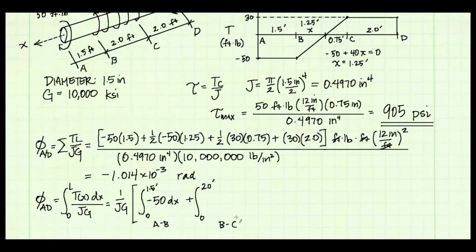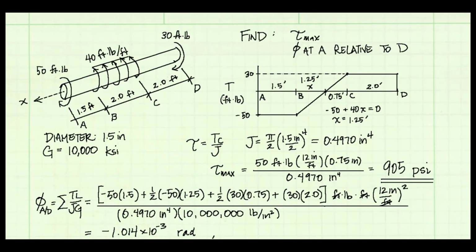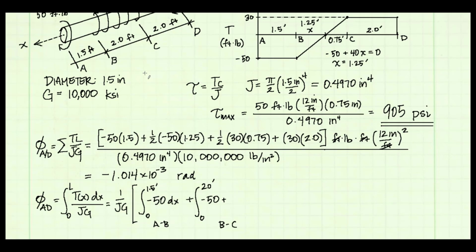B to C is a little bit more complicated. It's a linear function. It's going to start at negative 50, and then there's a slope on that function. It's equal to the applied distributed load, which is 40 foot-pounds per foot. So we'll say plus 40x. And I'm going to say the origin is at point B, and we're going to integrate over 2 feet.